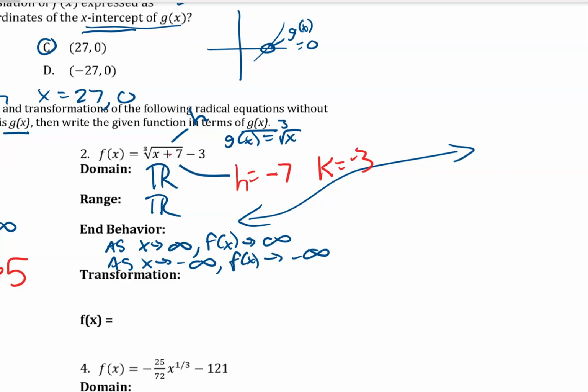So my transformation is left 7 and down 3. Again, f of x, when I try to compare that to the parent function, the cube root of x, f of x is going to equal g of x plus 7 minus 3.